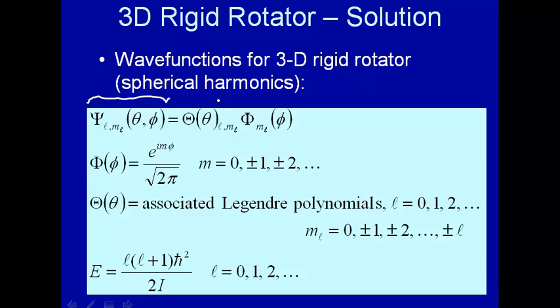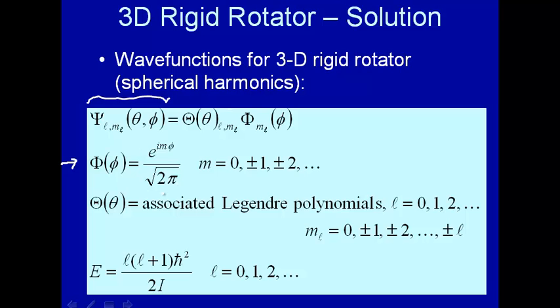So here is a function that depends only upon the theta angle, and here's a function that depends only on the phi angle. So you separate coordinates, and you can do this if there's no correlation between these two variables theta and phi, which there isn't.